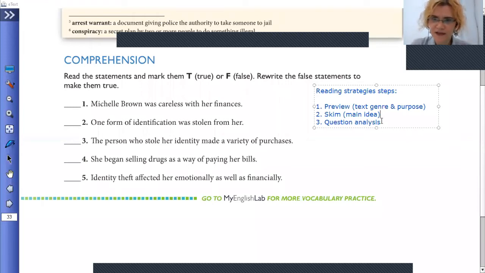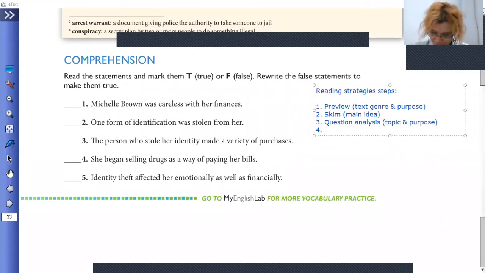Yeah, remember that. I cannot stress that enough. When we do question analysis, you're also looking for the topic and the purpose within the question. That is super important because that is what basically will direct you to where you have to go in the text to find the answer and to make sure that you really answer properly.